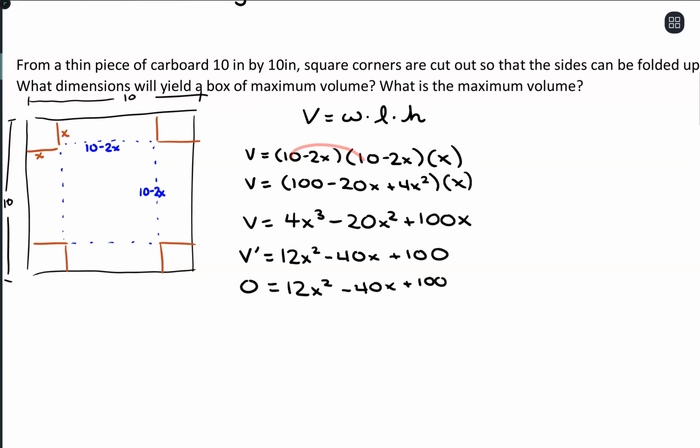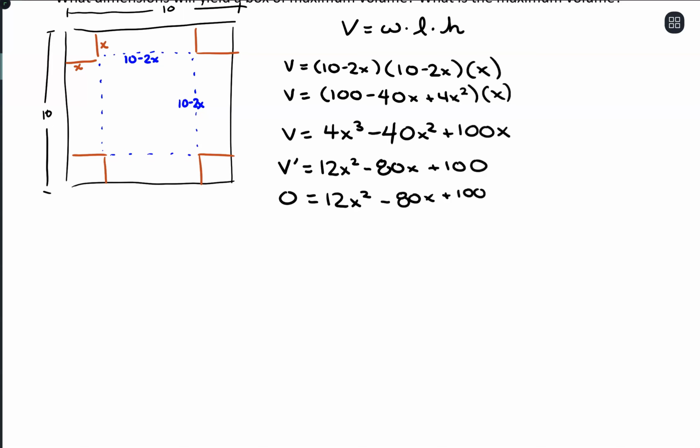Okay, so going from there, we can use the quadratic formula. We could factor it too, but this is just kind of messy, so I think it'll be easier to plug into the quadratic formula. So a equals 12, b equals negative 80, c equals 100.